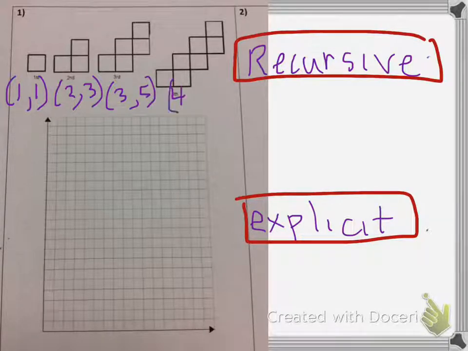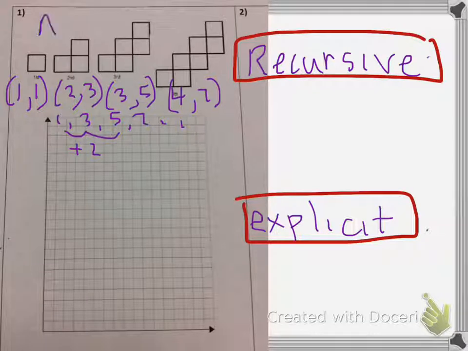My fourth term has 7 boxes. Now, if I look at my actual values here, I have 1, 3, 5, 7. And I can find the pattern in those. To get from 1 to 3 and from 3 to 5, I add 2. So I know that this is going to be arithmetic, which is important.